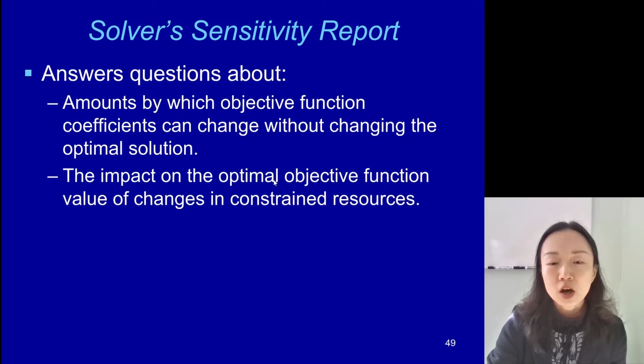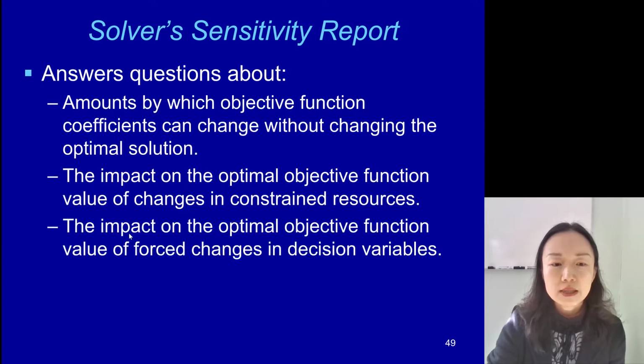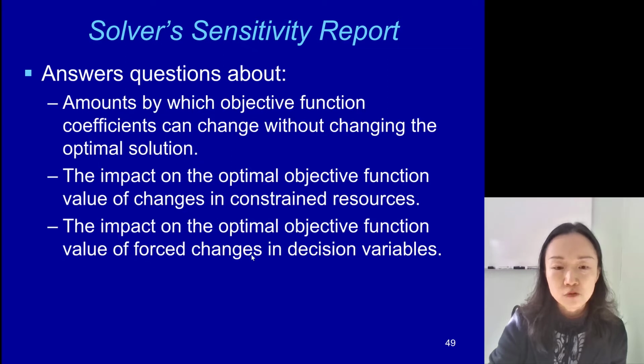The impact on the optimal objective function value given some changes in constrained resources, whether it's on the right-hand side representing the available amount of the resources or the left-hand side coefficients representing how many units of each resource is required. The impact on the optimal objective function value of forced changes in decision variables. So the reduced cost part.